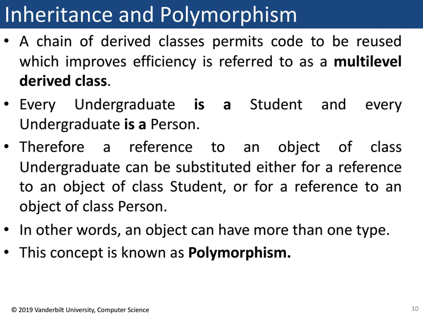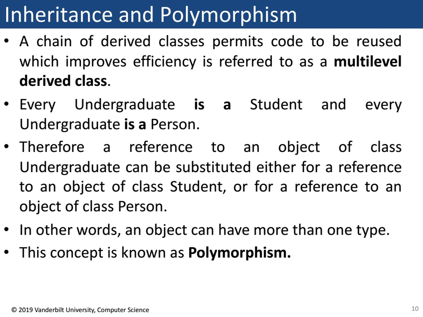Undergraduate instance of person, that would also be true. So in this way, an object can have more than one type simply because we may have some sort of inherited class or inherited type that could be considered either a student, person, or undergraduate.